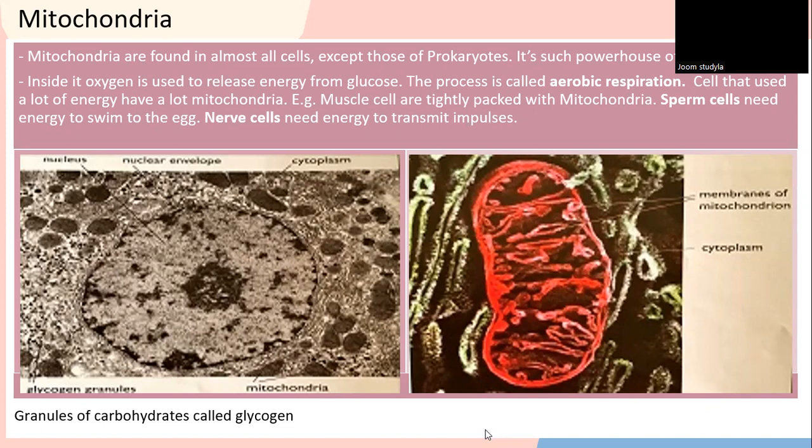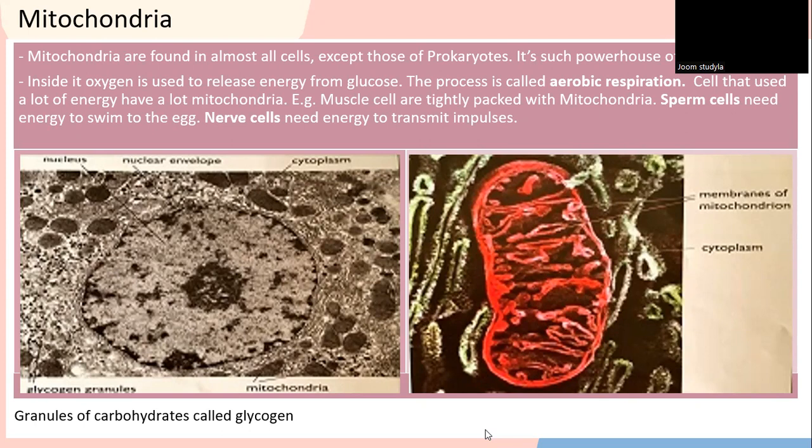For example, muscle cells consist of a lot of mitochondria because they need to be used in many activities. Sperm cells need energy to swim to the egg. Nerve cells need energy to transmit impulses.